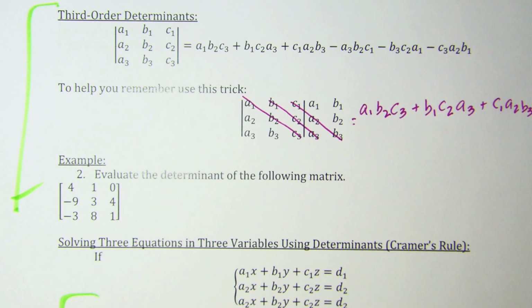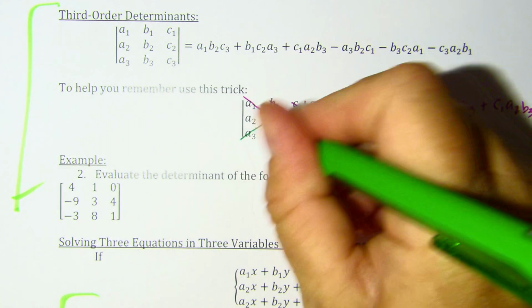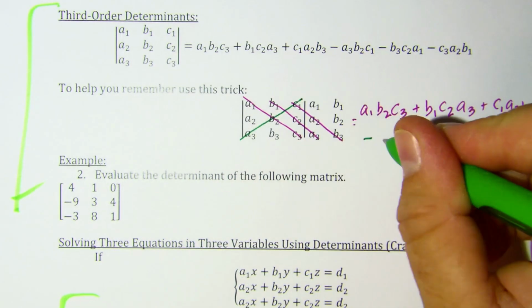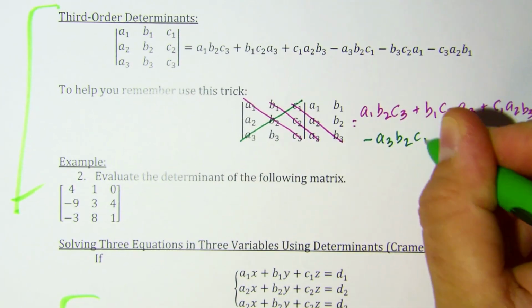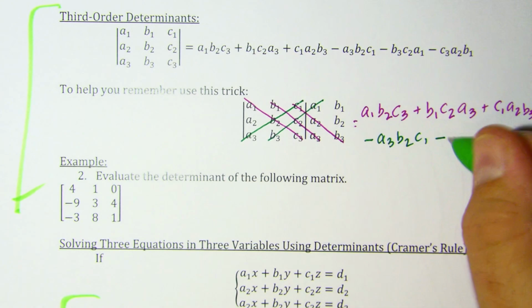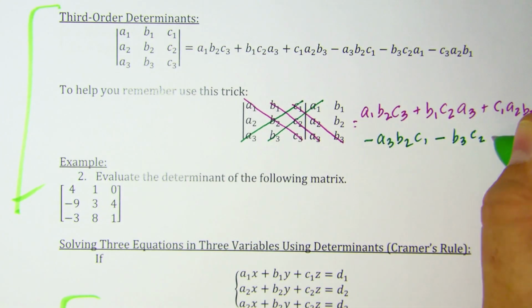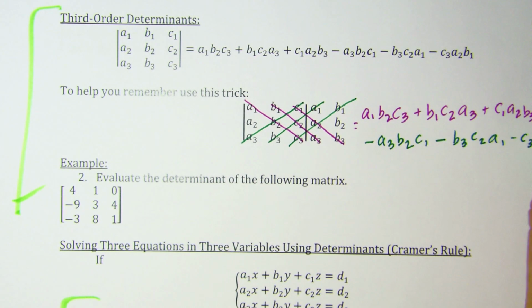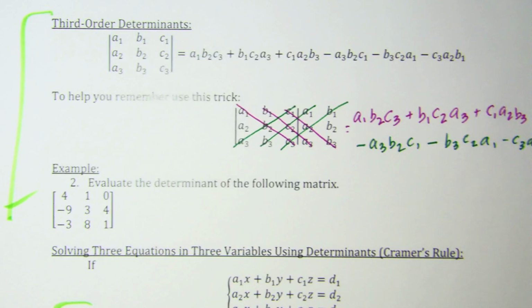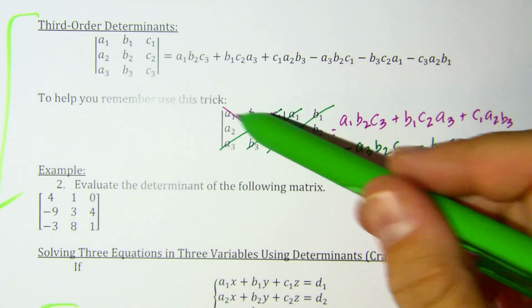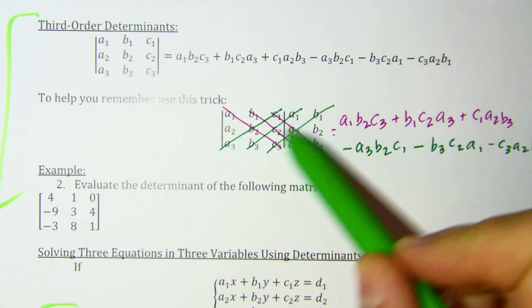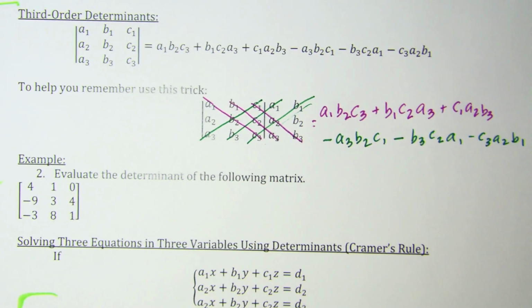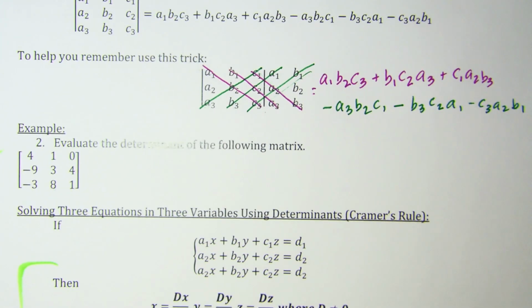And then you're subtracting up the opposite diagonals. So minus A3, B2, C1 minus B3, C2, A1 minus C3, A2, B1. Okay, so that way you're not memorizing anything, you're just adding down the main diagonals and subtracting up the opposite. So we're going to do that in this next example here.